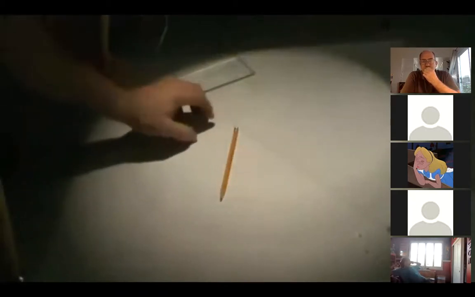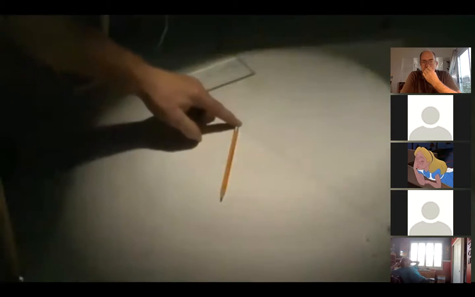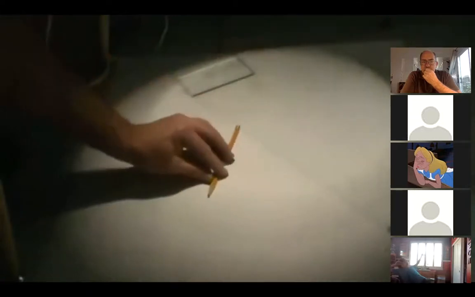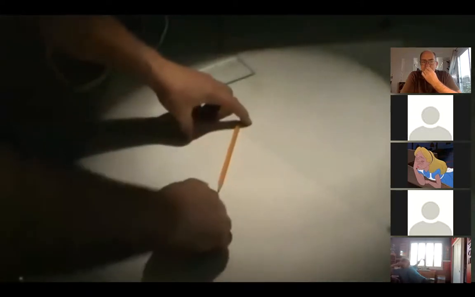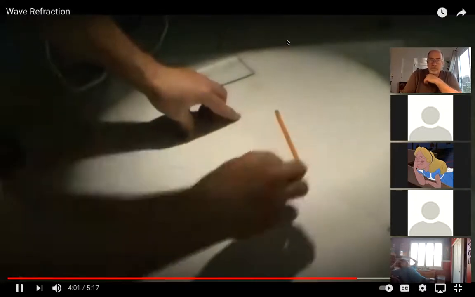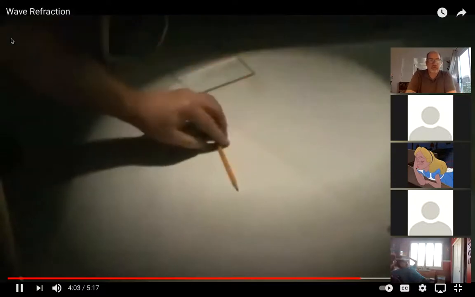Now the waves as they pass into the barrier, different parts of the wavefront will strike the barrier at different times. Will enter the shallow water at different times. This part will enter the shallow water first and slow down, while this part is still traveling fast. And so if this part slows down while this part is traveling fast, the whole wavefront will change direction. Okay, so see if you can observe that.